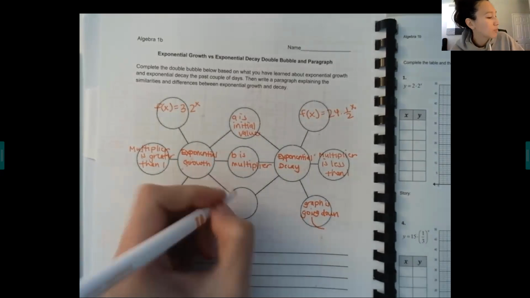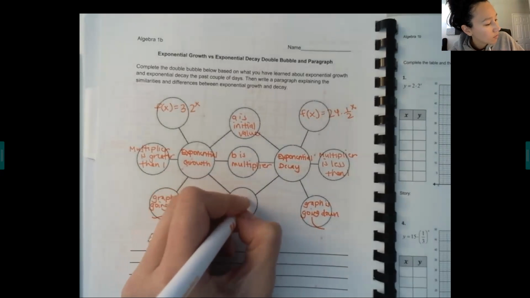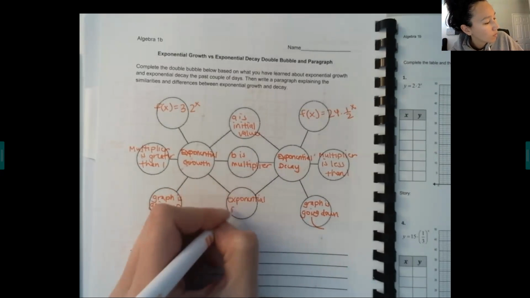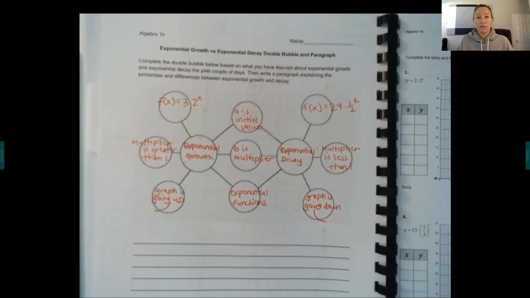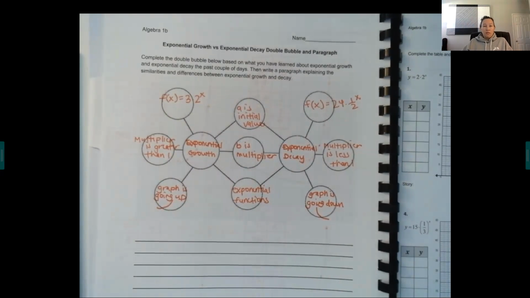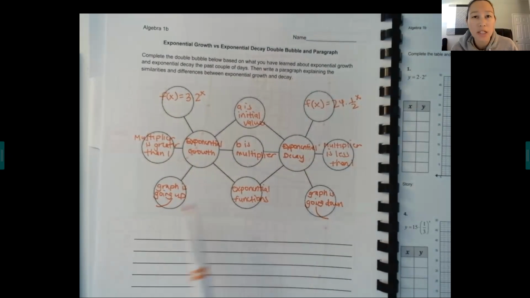And then they're both exponential functions. So now you have your double bubble filled out. So now you just need to explain it in sentences and write a paragraph comparing exponential growth to exponential decay.